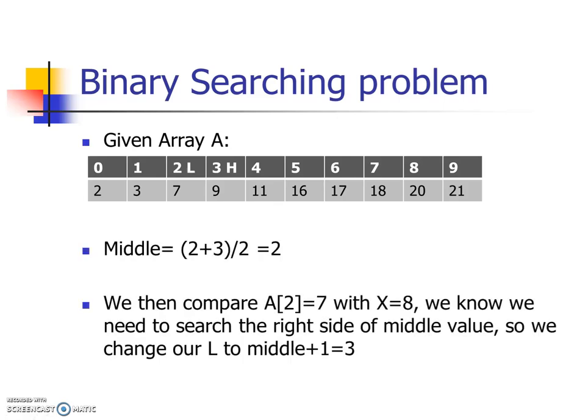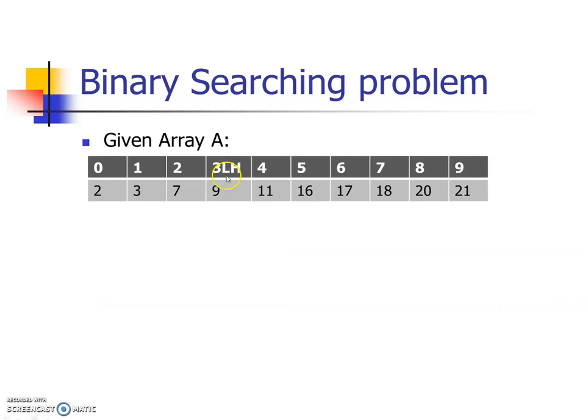And then we understand that the value we want to find is on the right side, so we change our low to middle plus 1, which equals 3. At this stage, we move our low to the right side of the middle index.